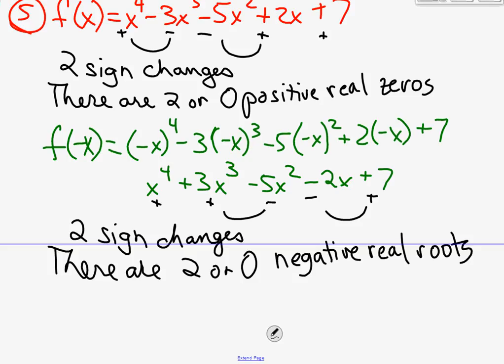Okay, now that's all those tests. So can you imagine that as we're doing these problems now, we're going to put all of that together. We can eliminate some things. We can know if we have to look for positive and negative numbers. And so now we're going to look at the fundamental theorem of algebra. And you might be thinking, my gosh, I've had years of algebra now behind me, and I'm just getting to the fundamental theorem of algebra.